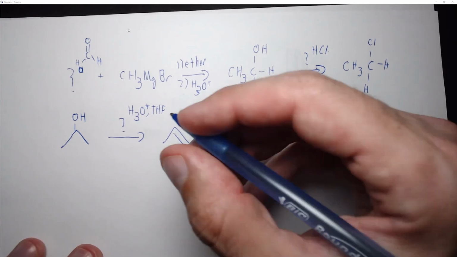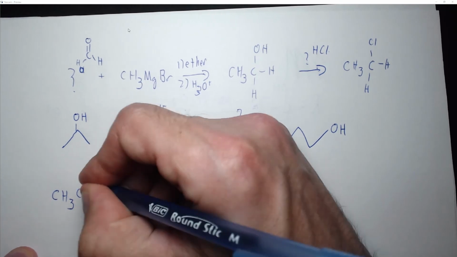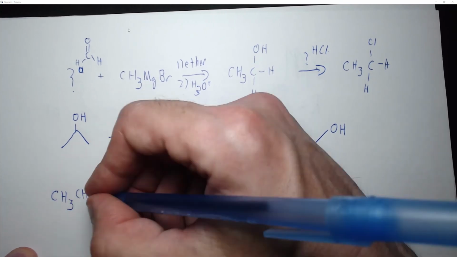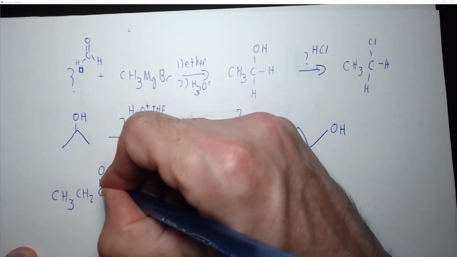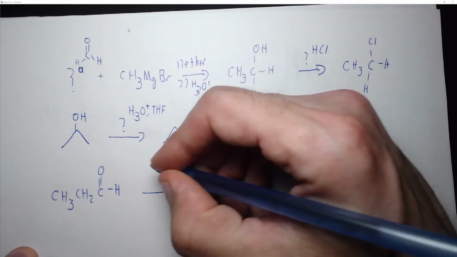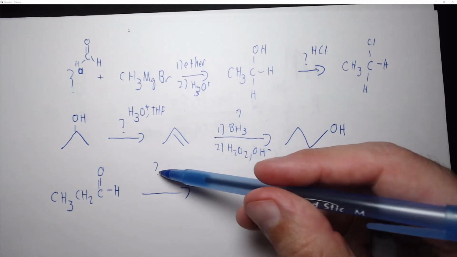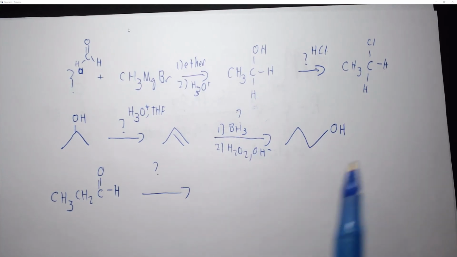In this case, we have CH3-CH2-C double bond O-H. And we're going to do something to it. Two somethings probably is a hint, because I put the question mark high so I can write on both sides of this.